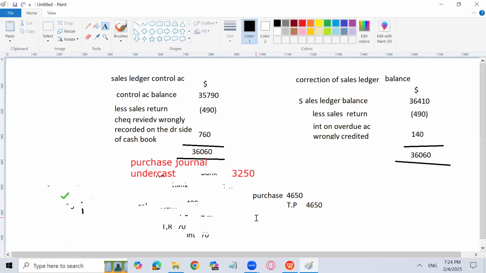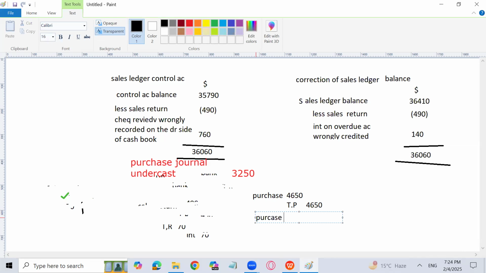So what I have done is purchases debit 5640 and trade payable credit 5640. Remember this, we are correcting only trade payables, not purchases. So trade payables has to be credited by 4650, but we have credited trade payables by 5640.